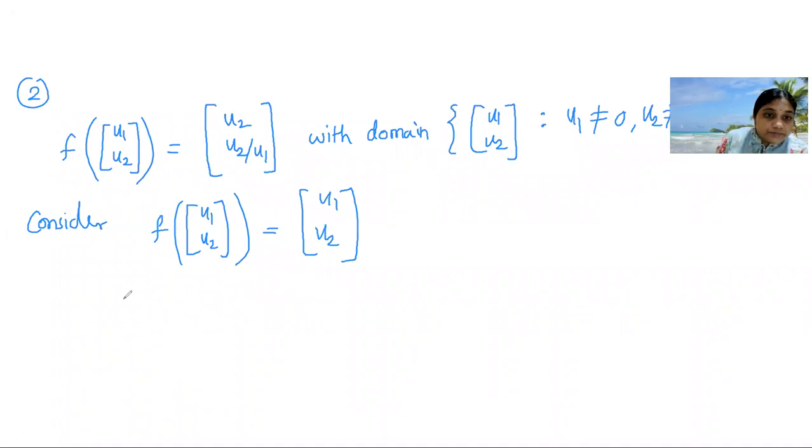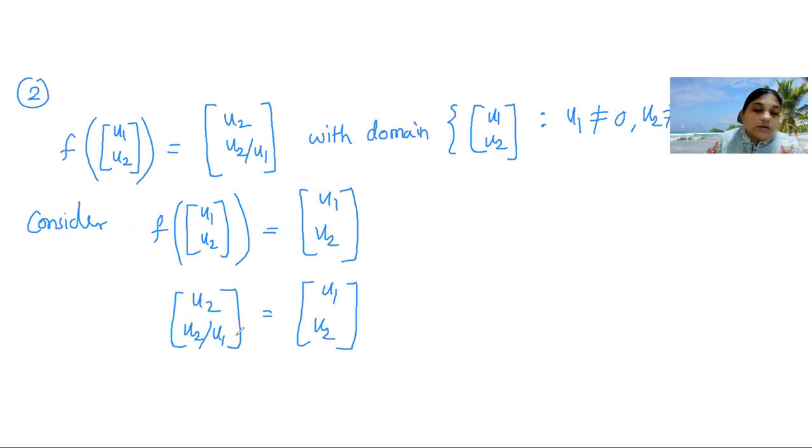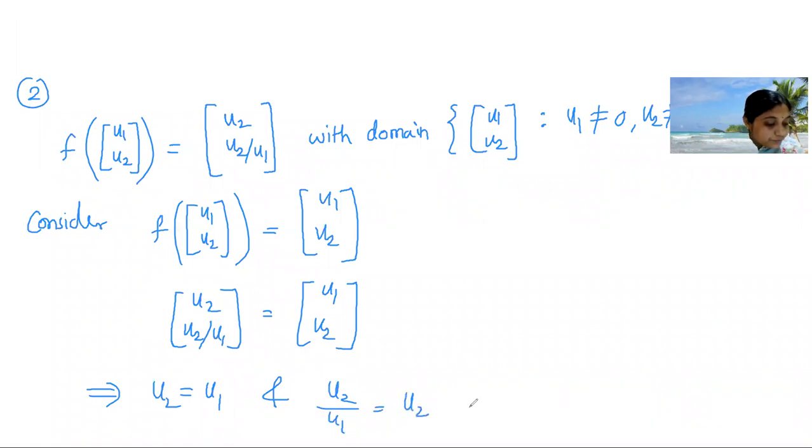That is, (u2, u2 by u1) is equal to (u1, u2). I want to find the points (u1, u2) which satisfy this equation. So from this, what can I say? u2 must be equal to u1 and u2 by u1 is equal to u2, right? u2 is equal to u1.